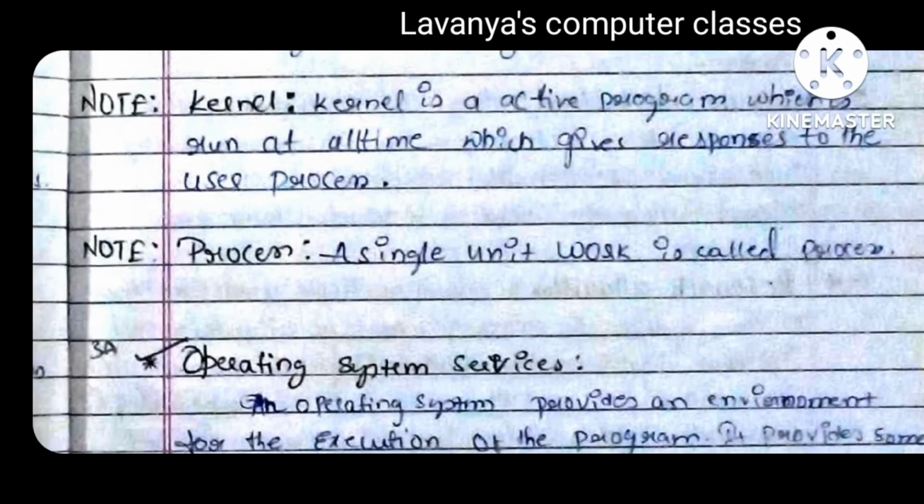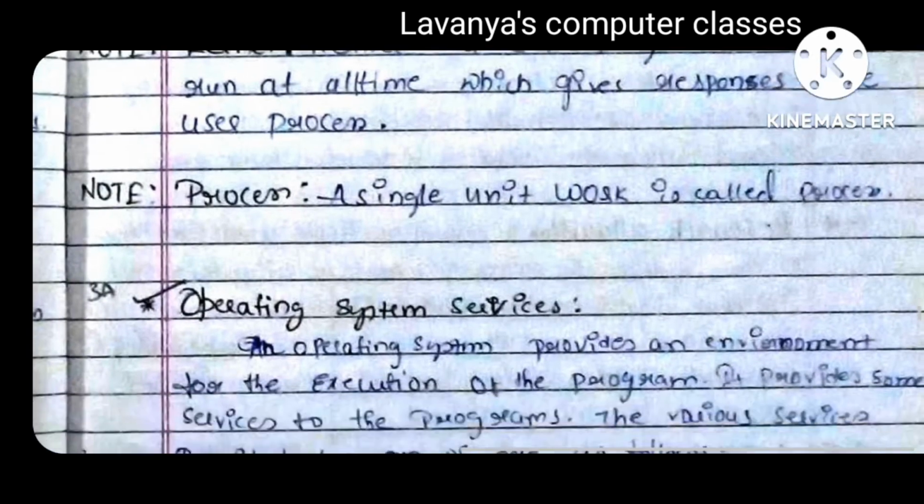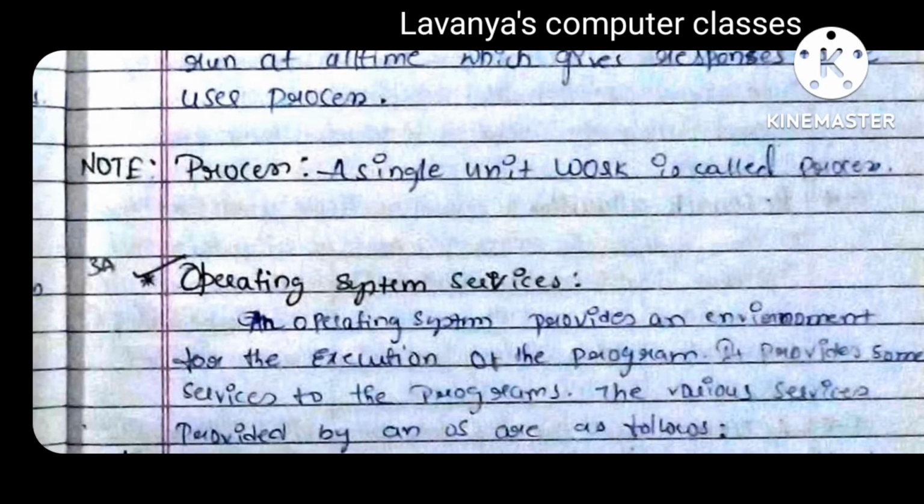Next one is what are the services of operating system. Operating system services.